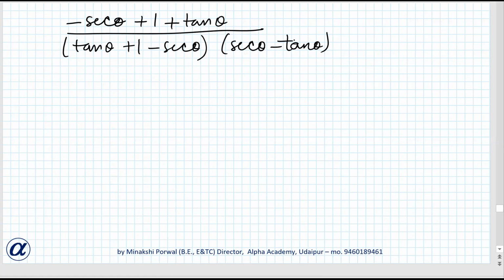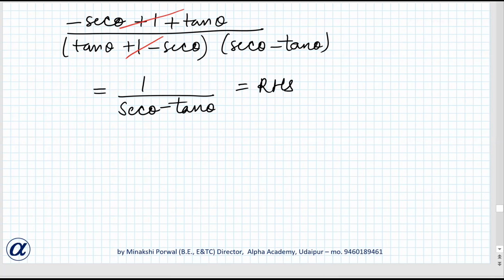Now observe, the term in the numerator, tan theta minus sec theta plus 1, and the term in the denominator, tan theta plus 1 minus sec theta, are the same. So I can cancel these terms. So I got the answer I want: 1 upon sec theta minus tan theta, that is equal to RHS.